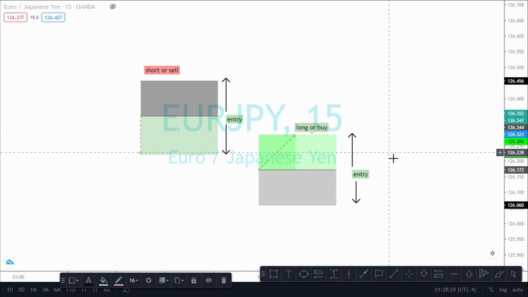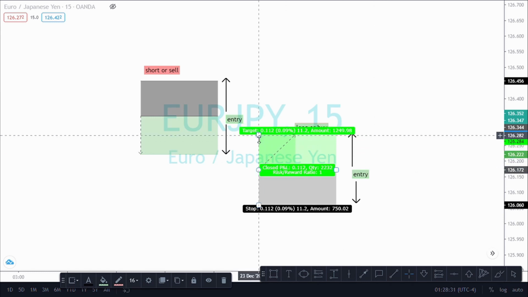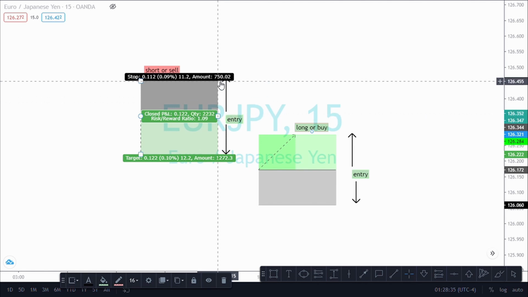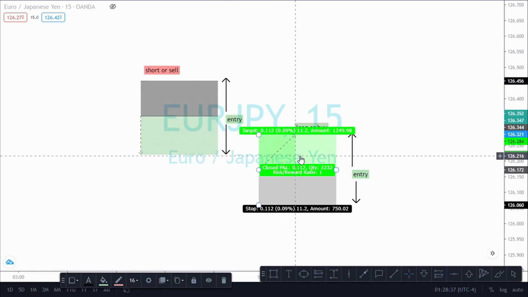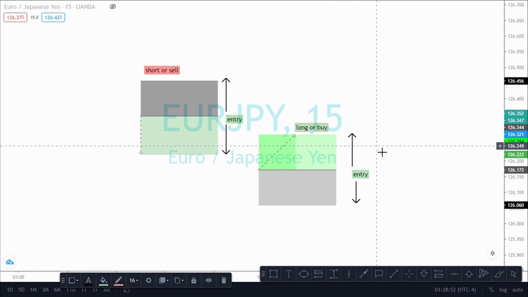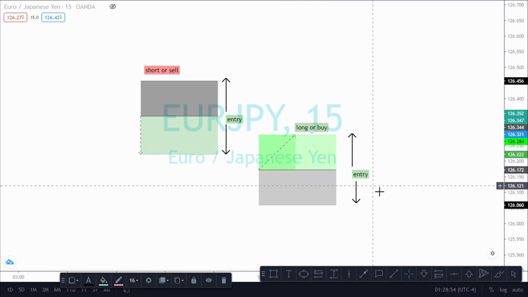So as a simple explanation, it's the distance from your entry, if it goes up or goes down. Normally it's not worthwhile if you're risking one something to get one something.